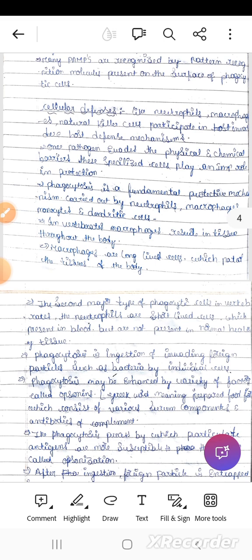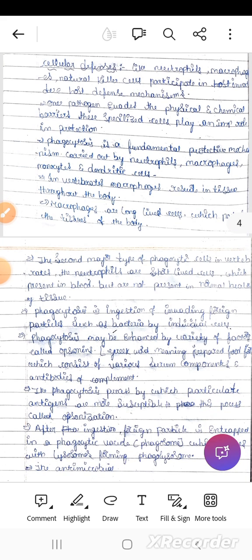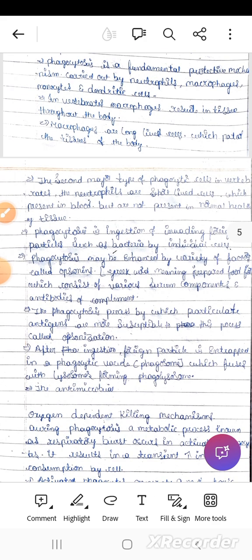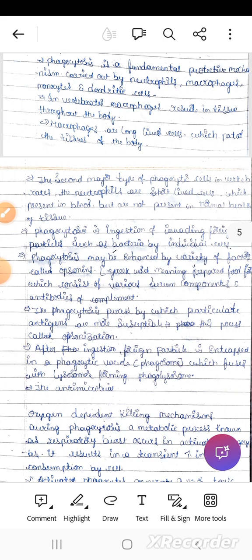In vertebrates, macrophages reside in tissue throughout the body. Macrophages are long-lived cells which patrol the tissues of the body. The second major type of phagocytic cells in vertebrates, the neutrophils, are short-lived cells which are present in blood but not in normal healthy tissue.